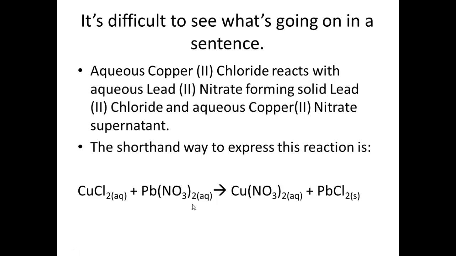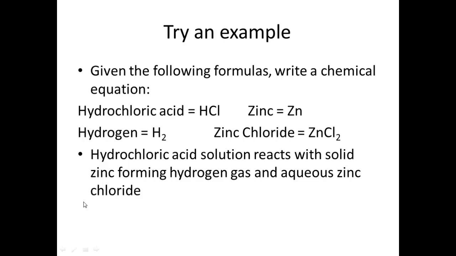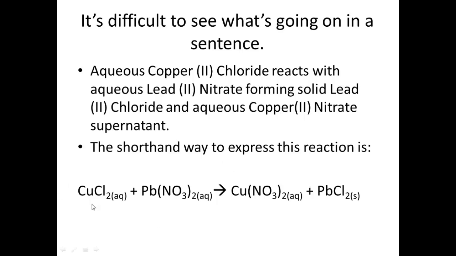You're mixing two solutions. What are we forming as a product? A solid and a solution. So we're starting with two solutions, mixing them together, forming a solution and a solid. So we should see what we call a solid precipitate forming. And we'll see a lot more of this later, and in our next lab.